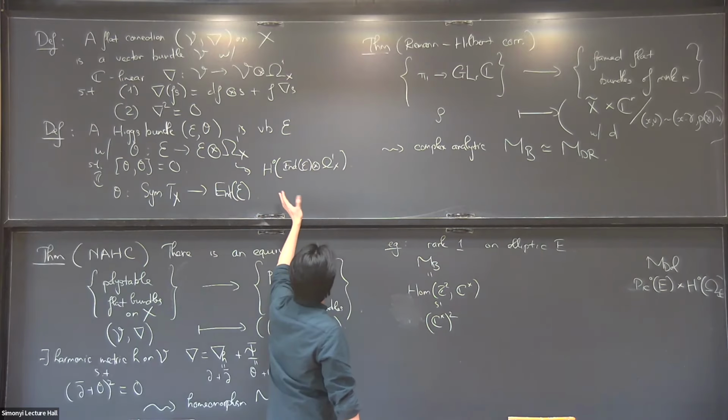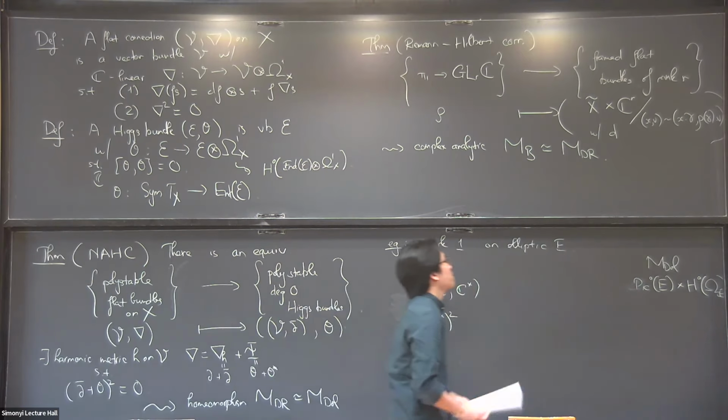So the Higgs field is just the same as a global section of omega E.